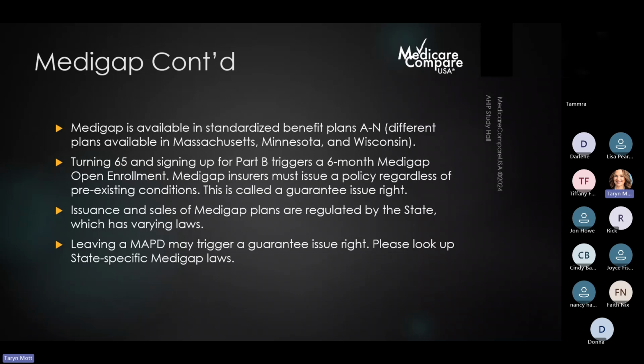And I want to word that correctly, that is only within the 6-month open enrollment window when they first become eligible. There are different rules for different states. I believe Charlie was doing a training on this. States regulate Medicare supplements, and there are a lot of different rules in different states.